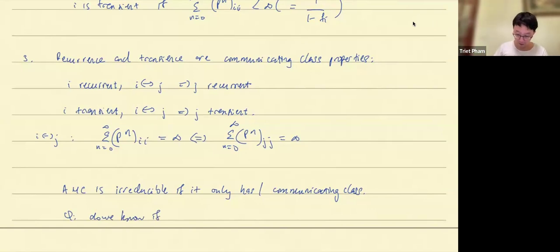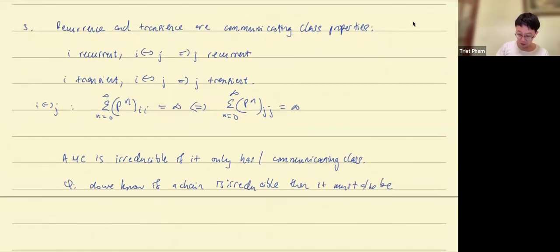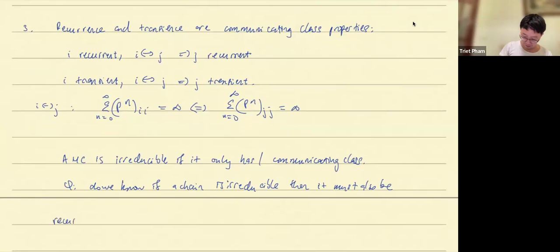Let's just say this: if a chain is irreducible, then it must also be recurrent? Or in other words, can we have an irreducible but transient Markov chain?